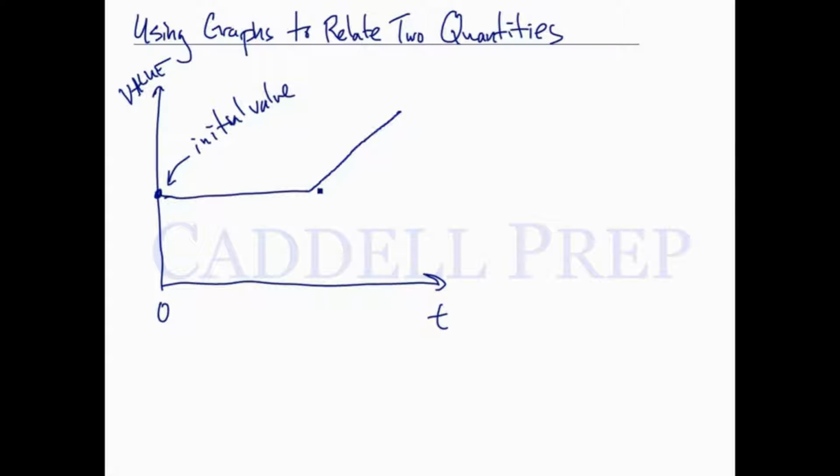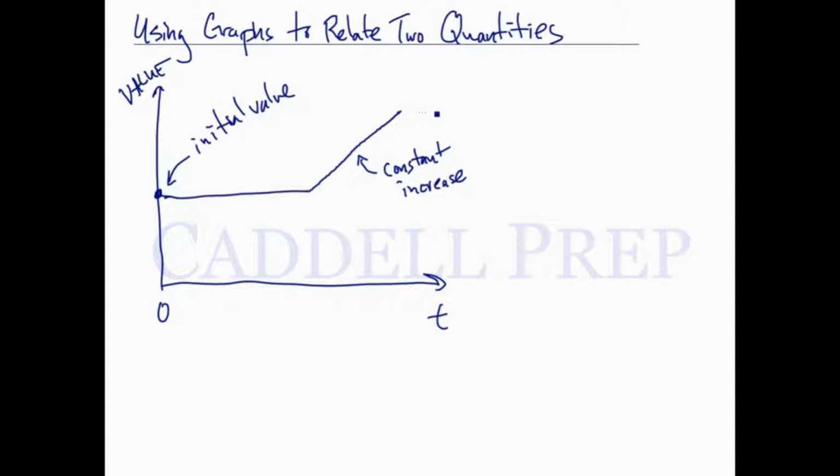Okay, and what's very important is that this has to be a straight line if it's a constant increase. Okay, the slope is the rate of change. So if it goes up at a constant rate in a straight line, it's being filled at a constant rate, or whatever is going on here, it's a constant rate.